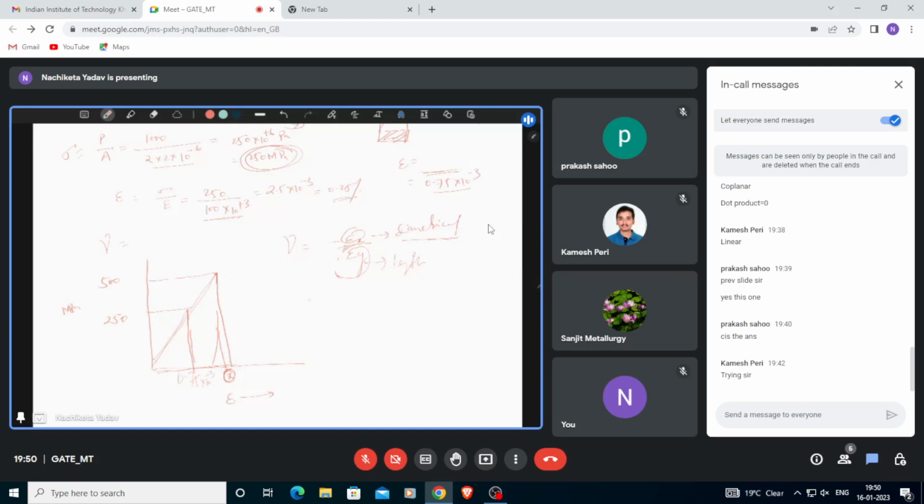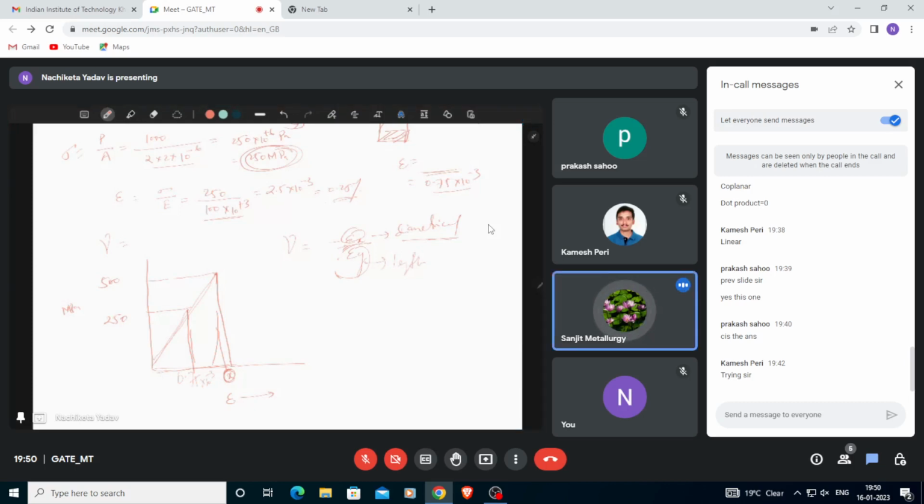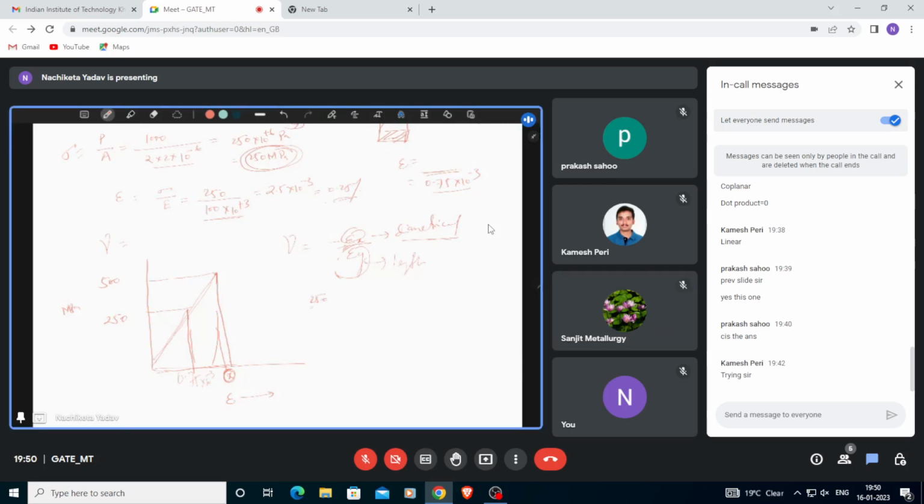This is a symmetric right triangle. So 250 divided by 0.75 into 10 to the power minus 3 equals 500 divided by x minus 0.